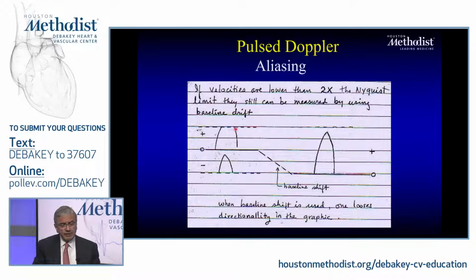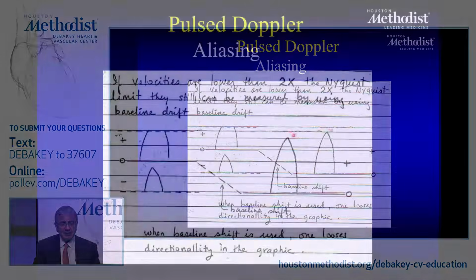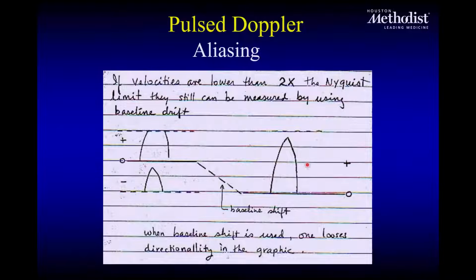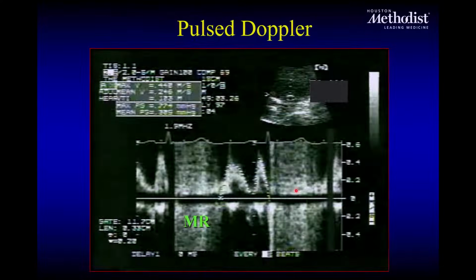So the thing is that we could improve on this by changing the baseline shift. So here we have some aliasing, and we could baseline shift it down to maximize it, and hopefully gain twice of what that frequency shift and that velocity could be. Beyond that, you're going to see aliasing, and you're not going to be able to detect what the velocity is.